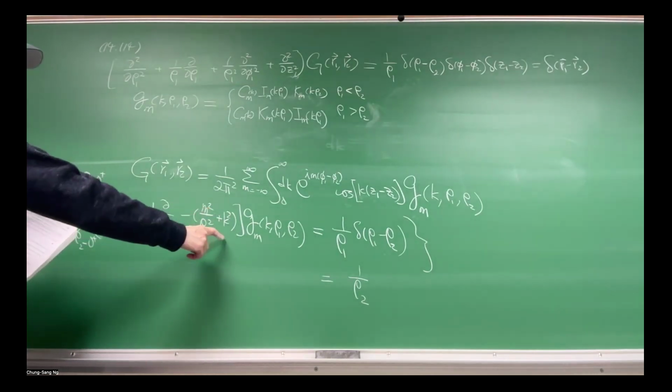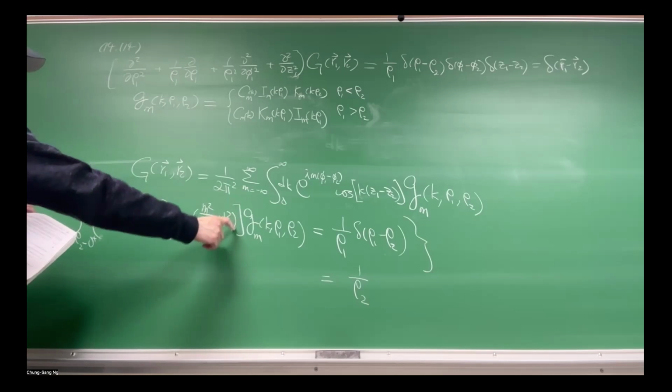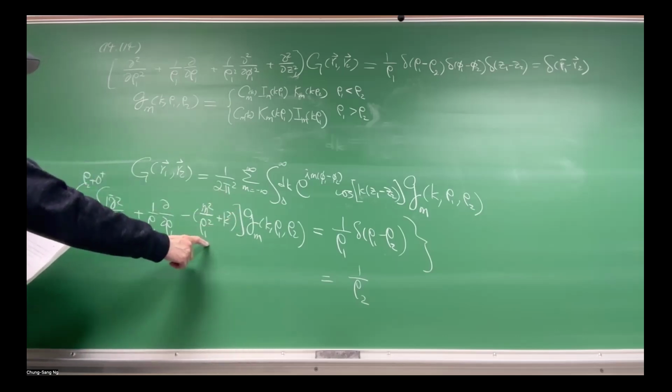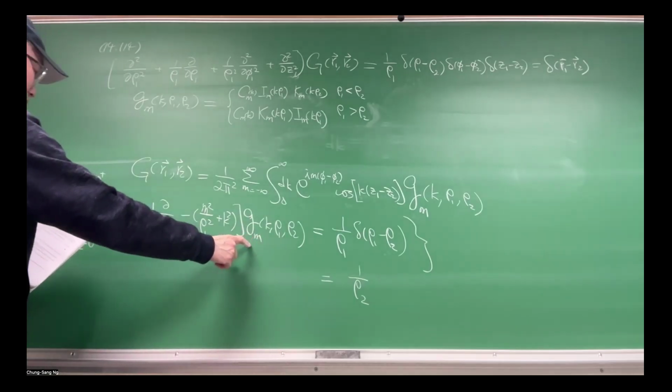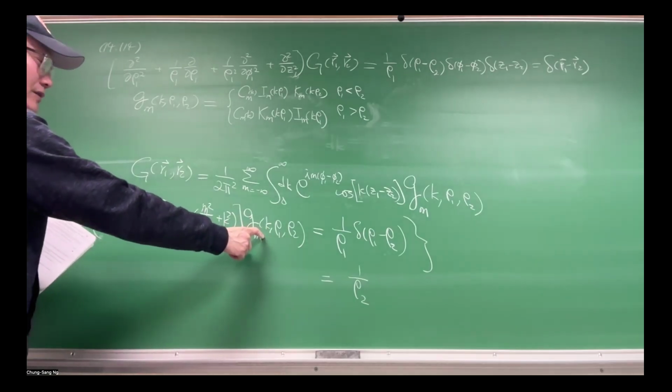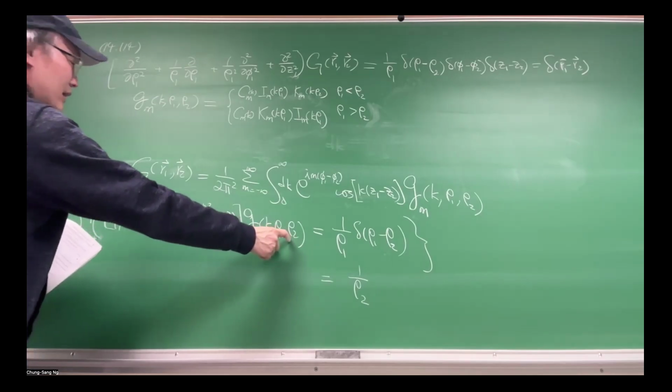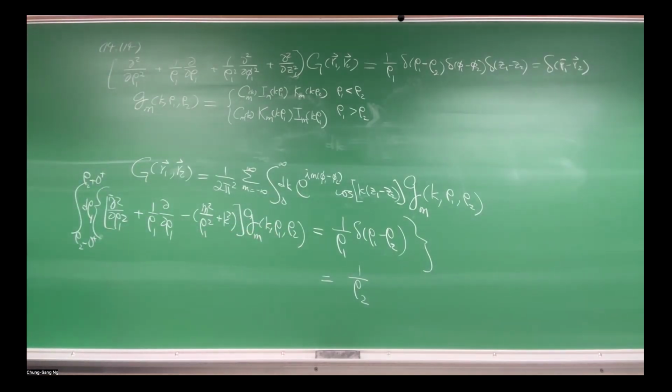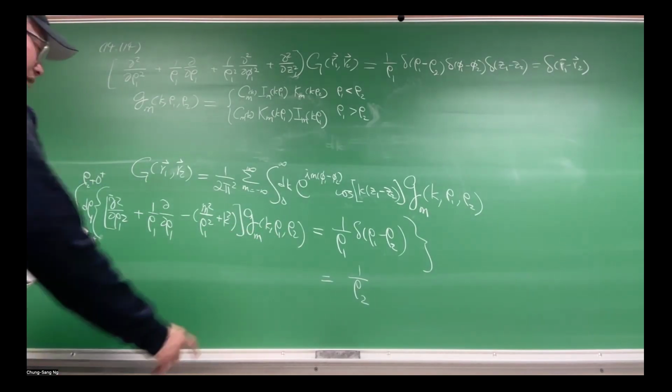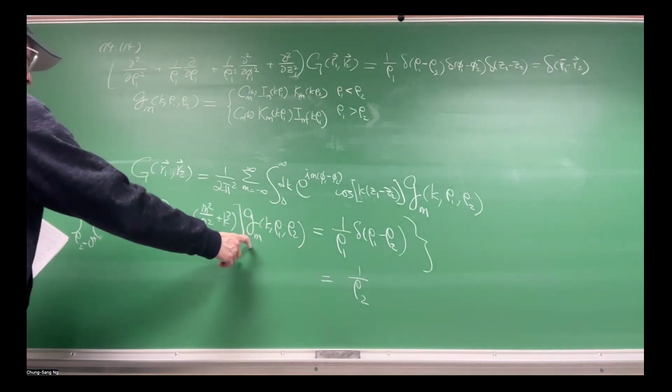Now the left-hand side has three terms. Start from the last term, which is easiest because everything is normal. This is just a regular function, and G is also regular. G is not singular at any location. We want it to be physical; you don't want an infinite Green function.